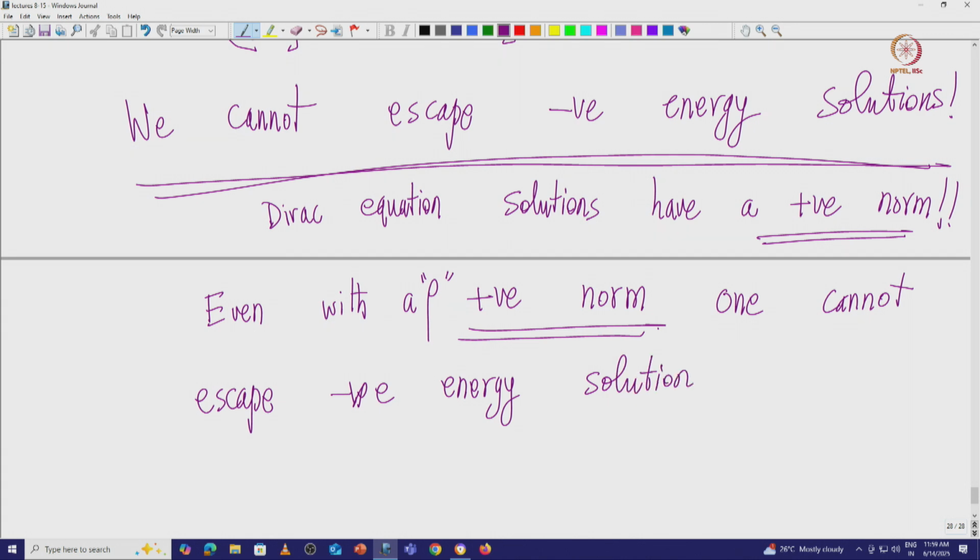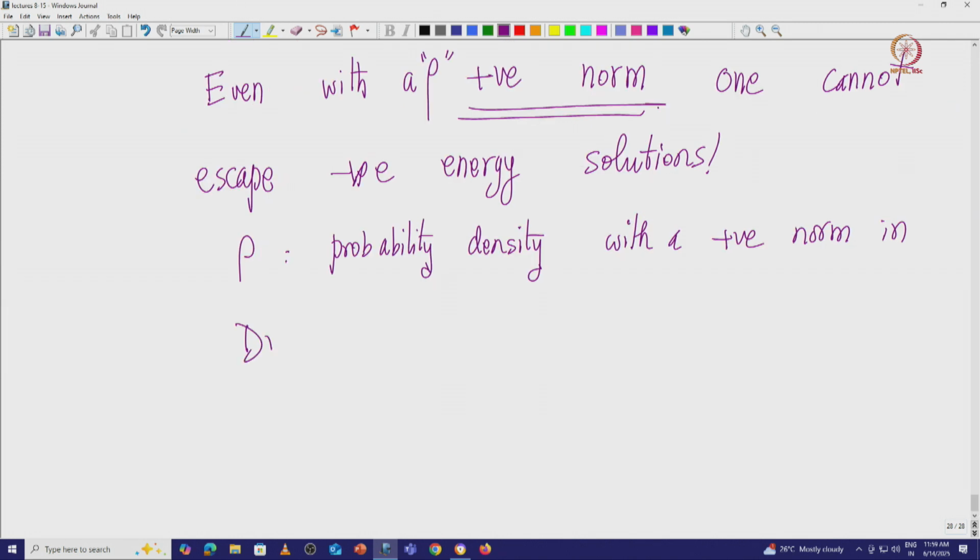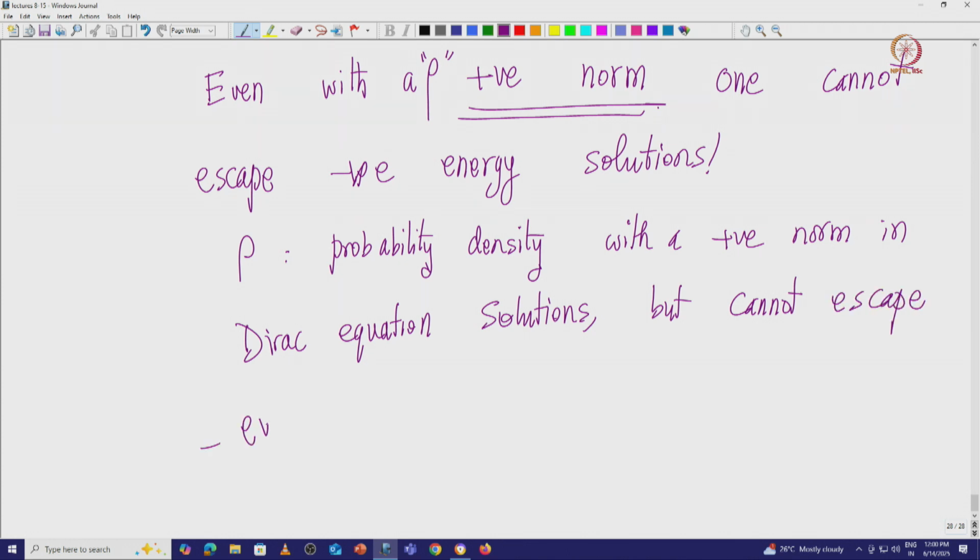You can define the rho mu, the probability density, in Dirac equation solutions, but we will come to that point, you cannot escape negative energy solutions. So, this is the main takeaway of the Dirac equation.